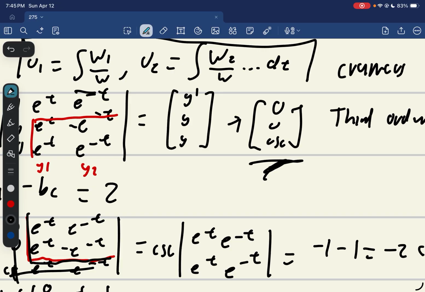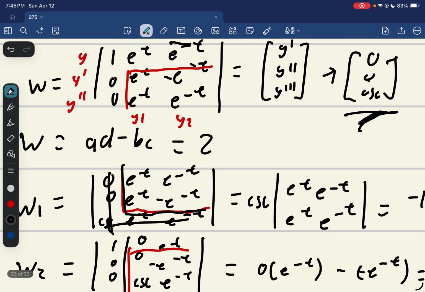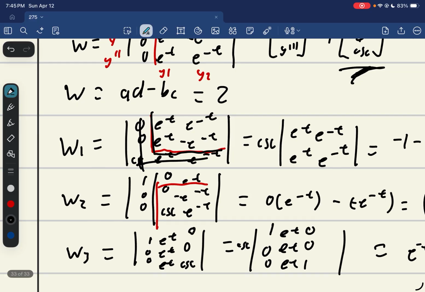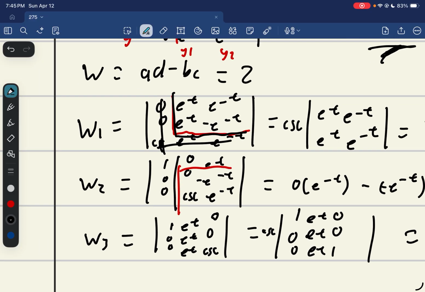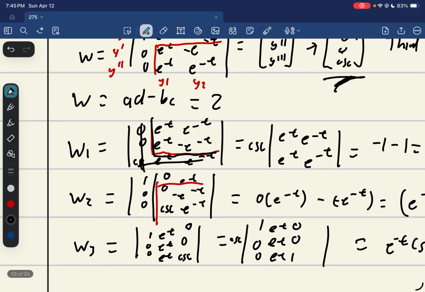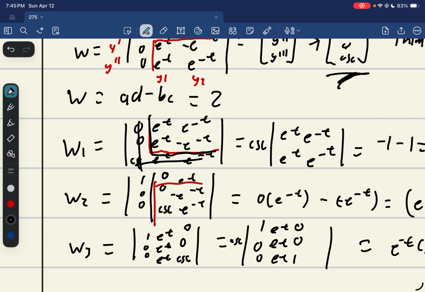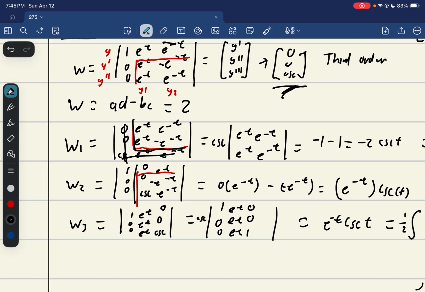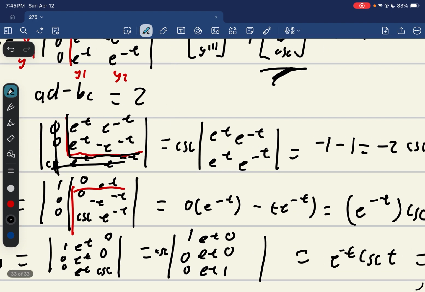I guess it's y prime, y double prime, and y triple prime: 0, 0, and cosecant. So all I really did was replace this row for each. I started with row 1 and replaced the 1, 0, 0 with 0, 0, cosecant. And then I multiplied the cosecant by the determinant for each.